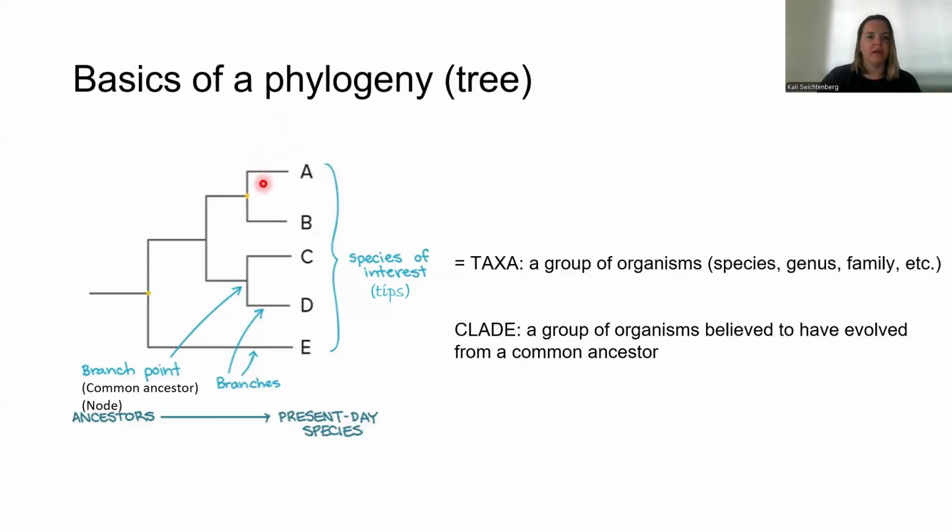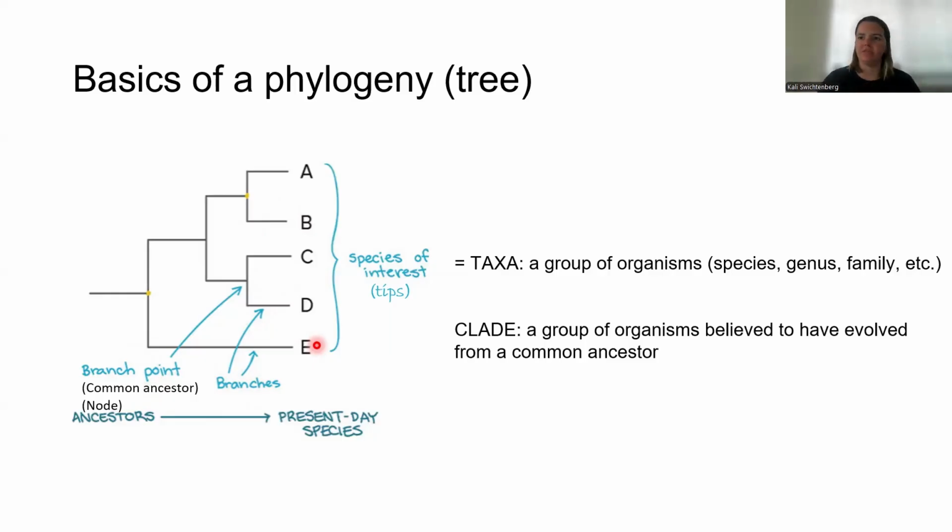Connecting our species of interest are branches. In this phylogeny they are horizontal, and these horizontal lines are our branches. What these show is changes over time. The closer we are to our tips, the closer we are to present day.